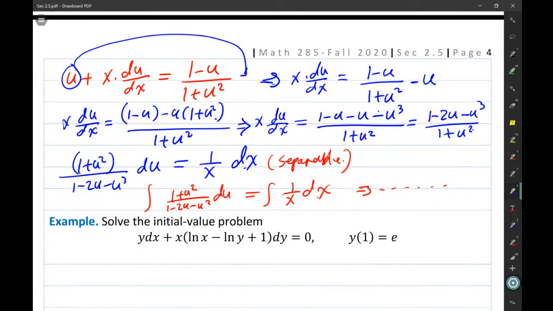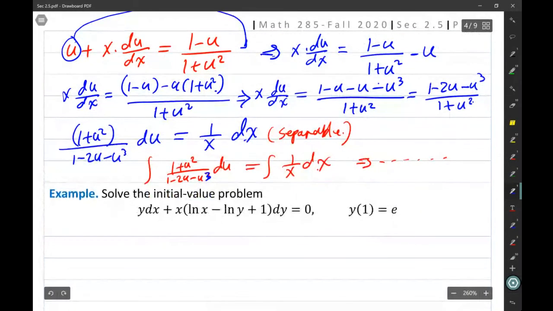Who can tell me how we can integrate this one? To the power 3 here. Who can tell me how we work this one?